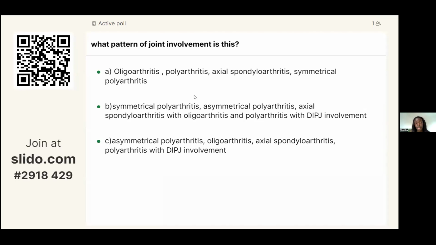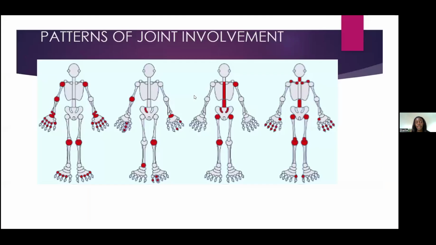I can move back to the previous slide. Okay. We'll spend 1 minute on this, and then I'll move over to the next slide and see what you've selected for the polls.